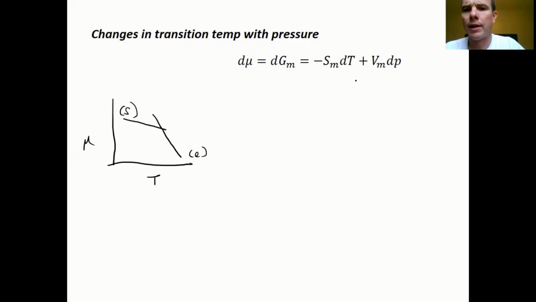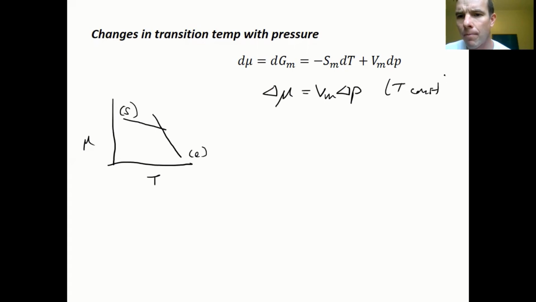If I think about changing the pressure, what this equation tells me is that the change in chemical potential is equal to the molar volume times the change in pressure, provided temperature is constant. So if I increase the pressure, the amount the chemical potential changes is proportional to the molar volume.